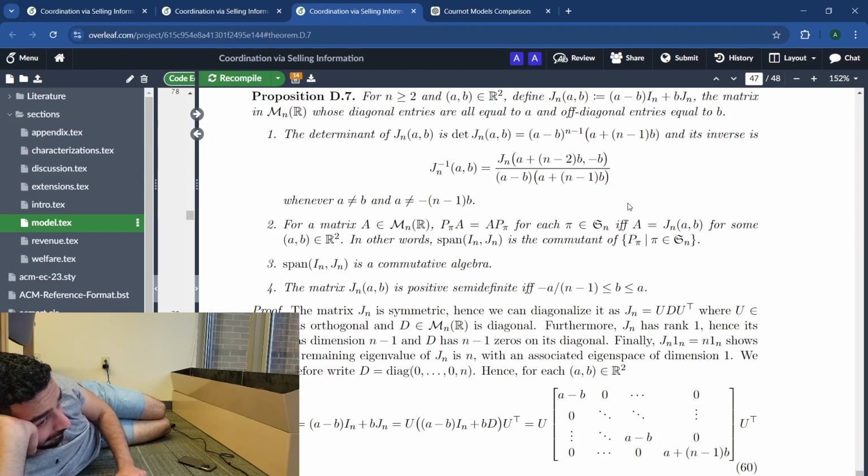So Jn of A and B is A on diagonal, B off diagonal. Jn minus 1 of A and B is this.